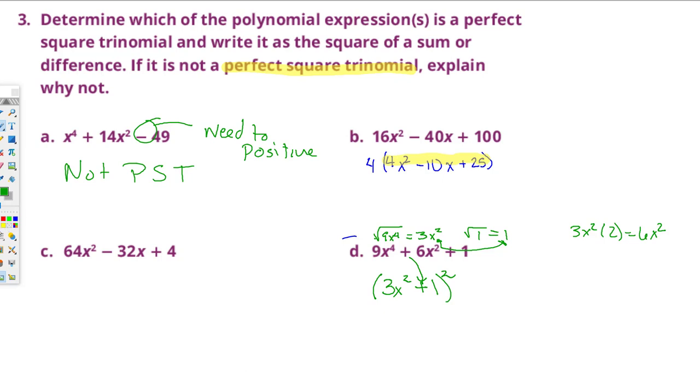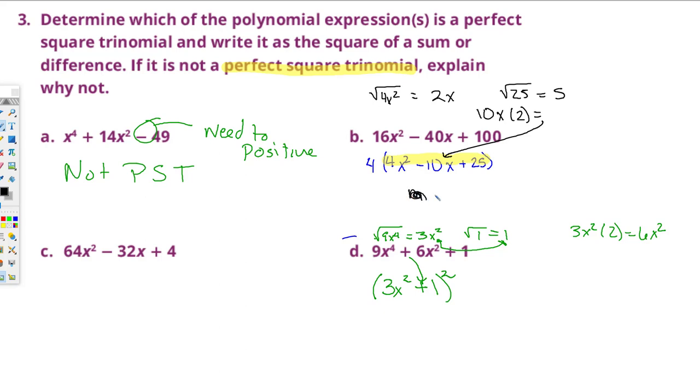So let's go ahead and take this first problem. What is the square root of 4x squared? 2x. What's the square root of 25? 5. So the product of the two of them is 10x. If I double it, does it end up here?